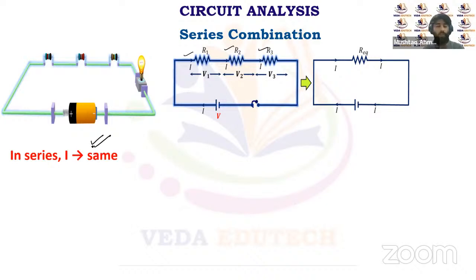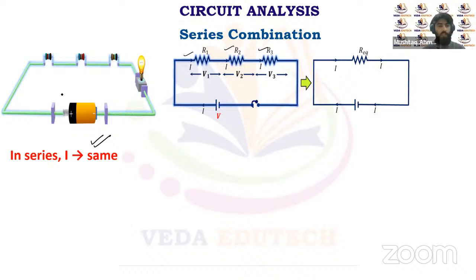If the current flowing through them is equal, then we say that these two or more resistors are in series. So the basic concept of the series combination of resistors is that the current that flows through the resistors should be the same. Then only we can say that the given resistors are in series.